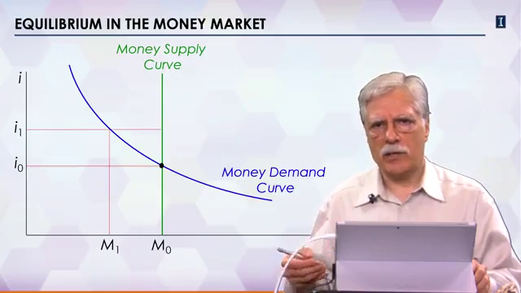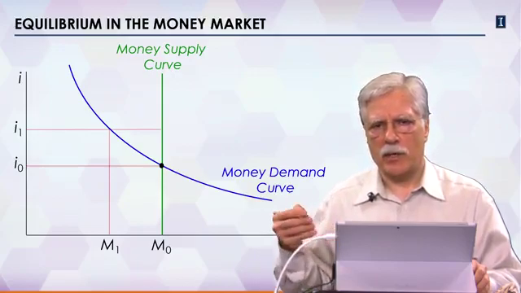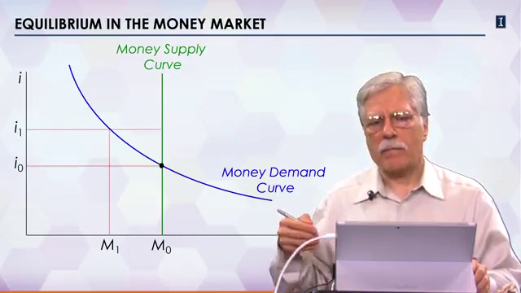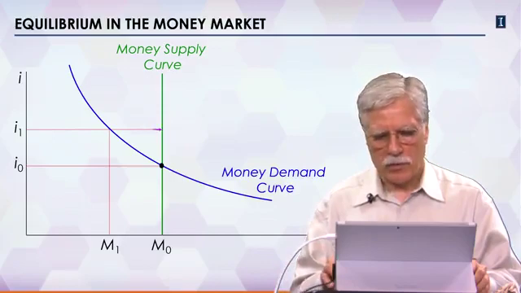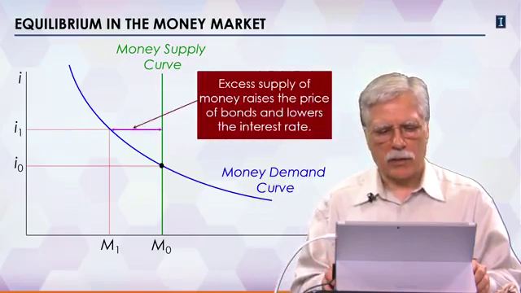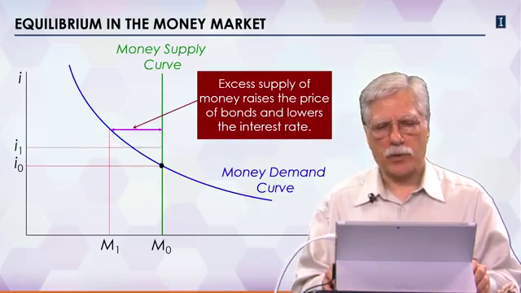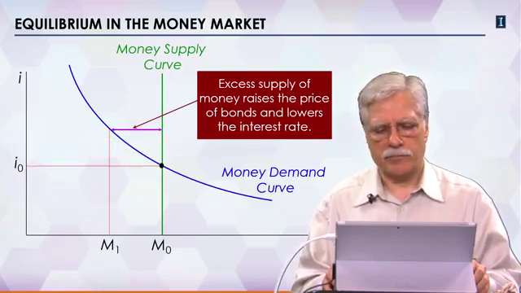They turn to bonds, they buy more bonds, and remember, when demand for bonds goes up, price of bonds goes up, and interest rates drop. So automatically, if money supply is M0 and interest rate is not at I0, the interest rate moves towards I0 in order to equilibrate demand and supply for money.